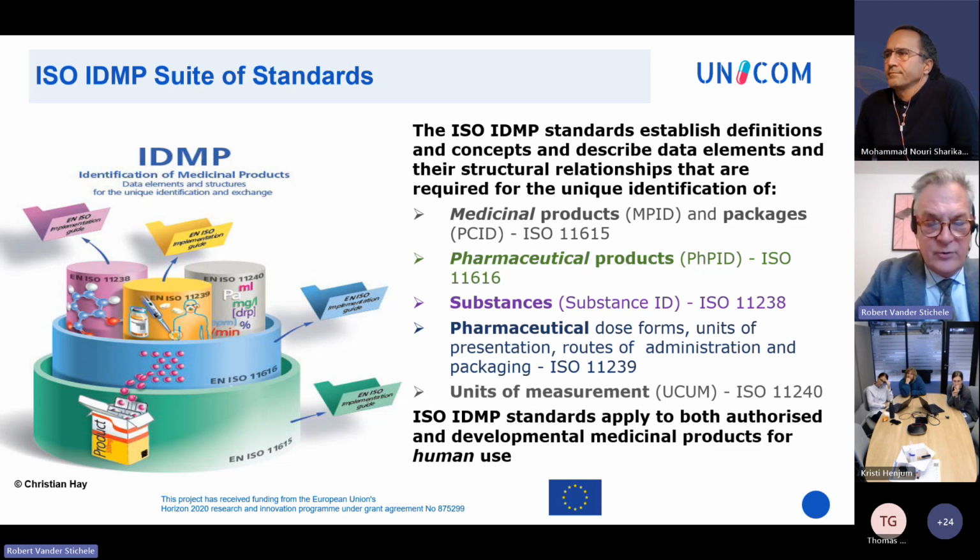And finally, 1 for the measurements, that's the UCUM standard. So these 5 standards govern the entire thing. Together they form a very complex ontology, but as I said, the basic elements are these three things: the substance, the dose form, and the strength.